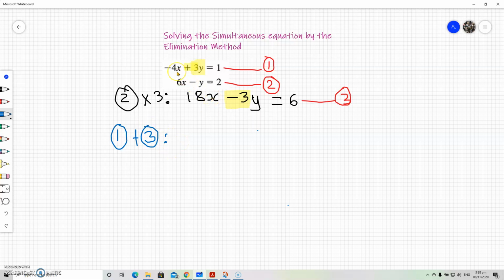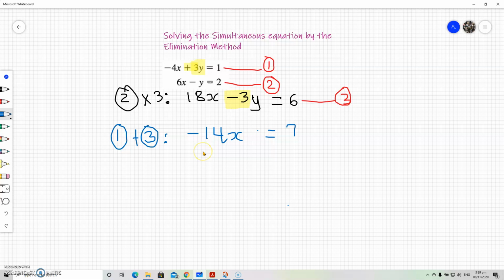So minus 4x add 18x is how much? That would give me 14x. Plus 3y add minus 3y gives me 0y. 1 plus 6 is 7.